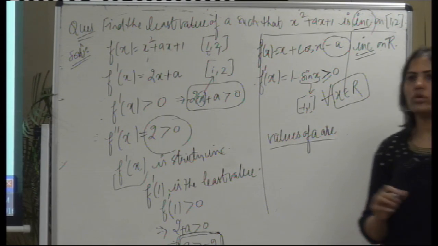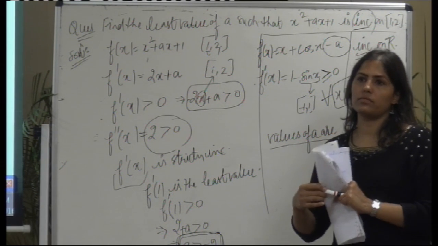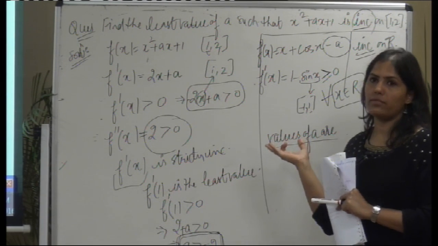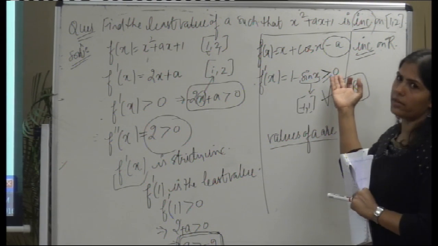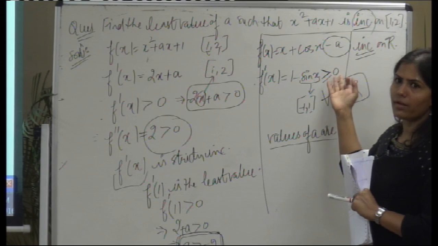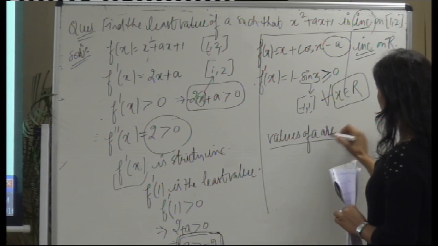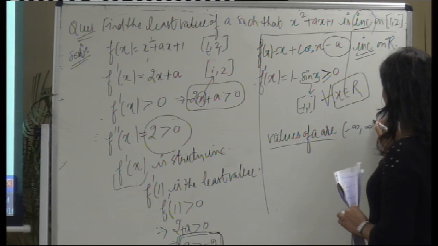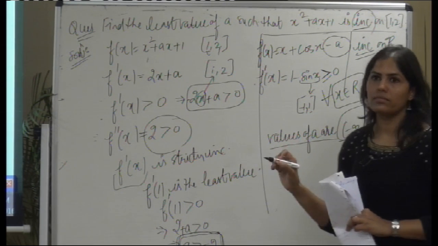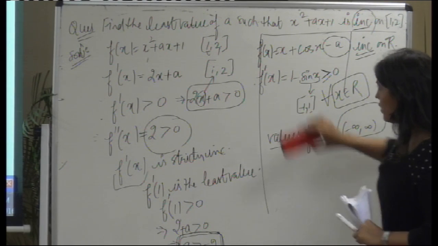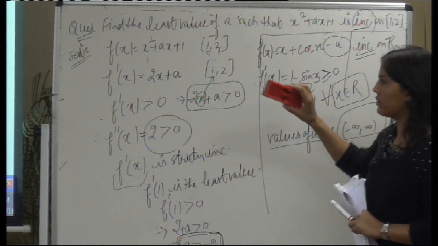The value of a is not affecting the derivative, and the derivative is given to be greater than or equal to 0. So any value of a works. Yes, any a value. So it is basically R. No problem at all. Okay, now is it done?